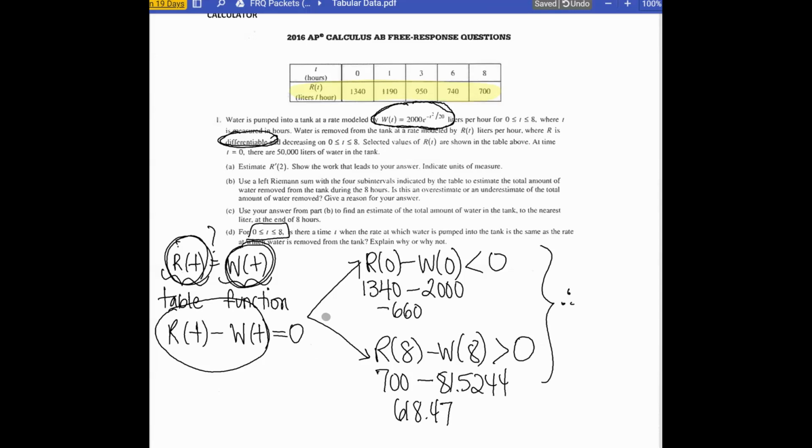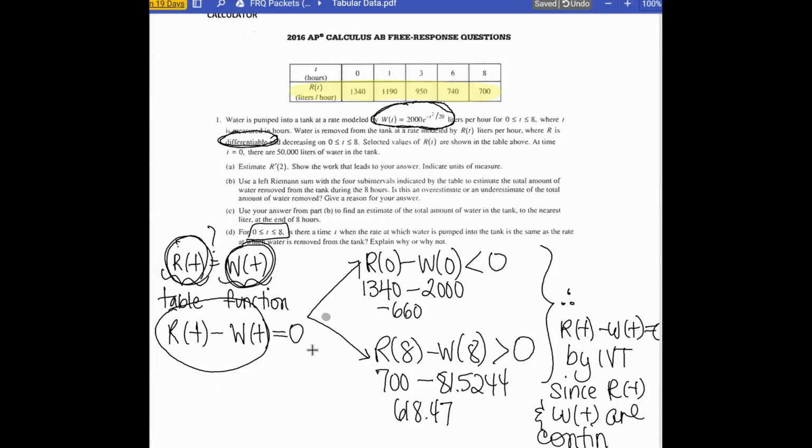Therefore, R of t minus W of t will be equal to 0 by IVT, since R of t and W of t are continuous.